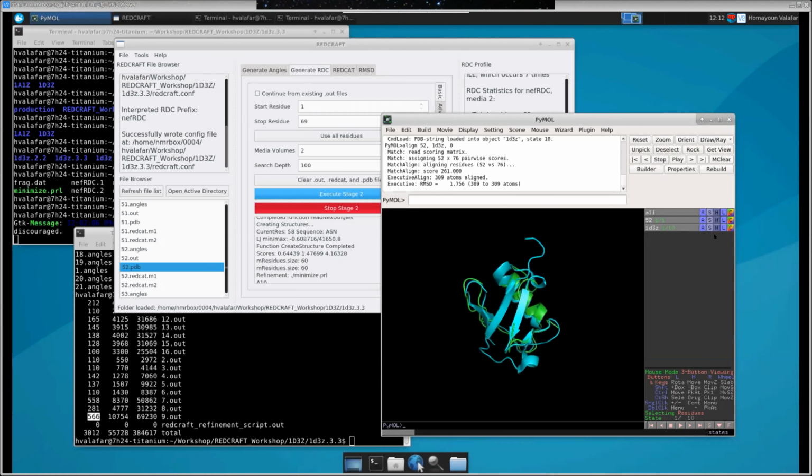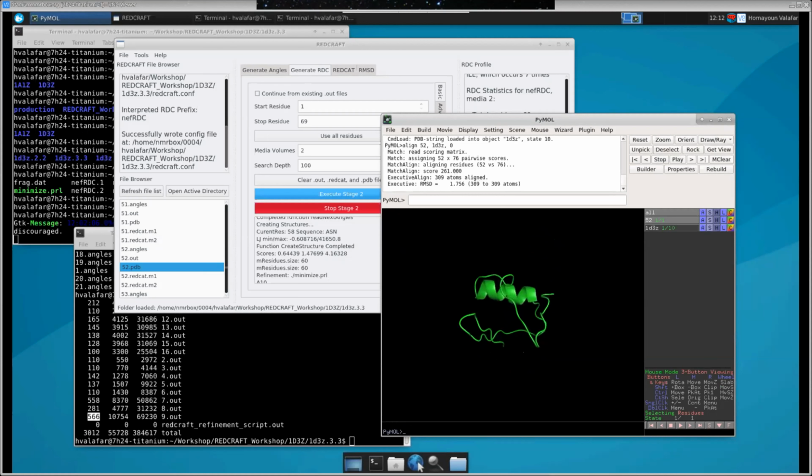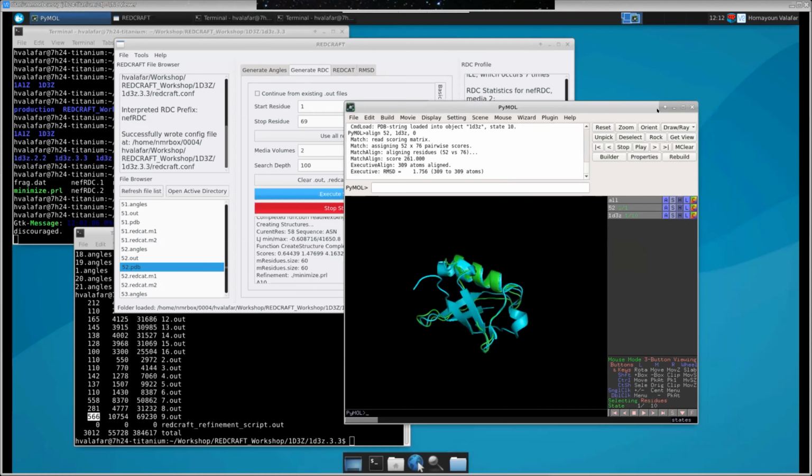So for example, in this case, the beginning part of this protein is supposed to be a hairpin beta sheet. It doesn't show up like that only because the side chains are not there, but the backbone RMSD is fairly close. So far, you're 1.757 angstroms away.